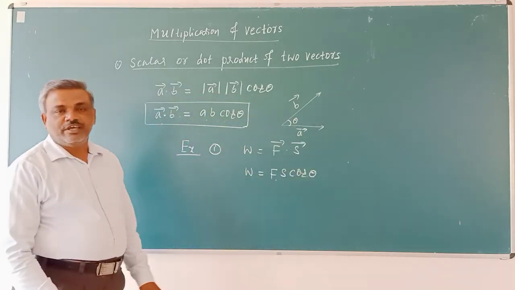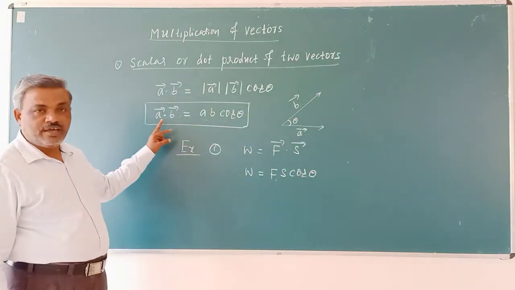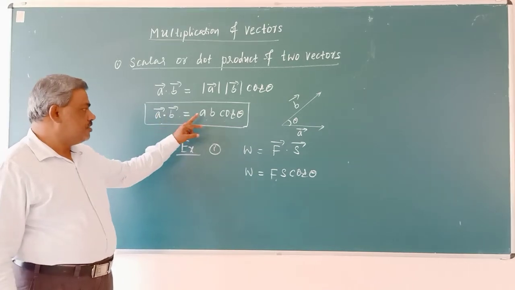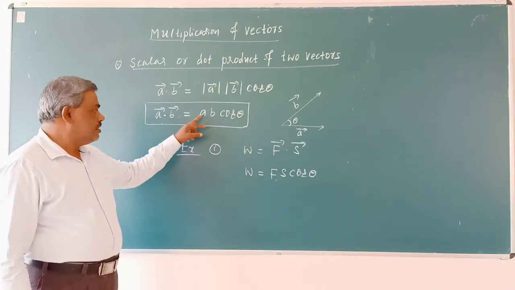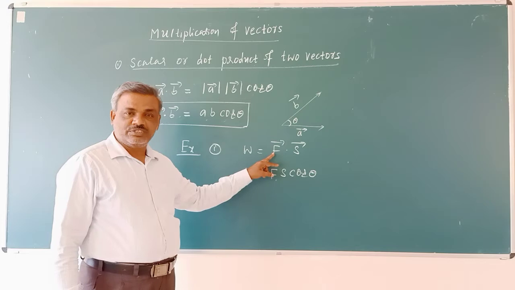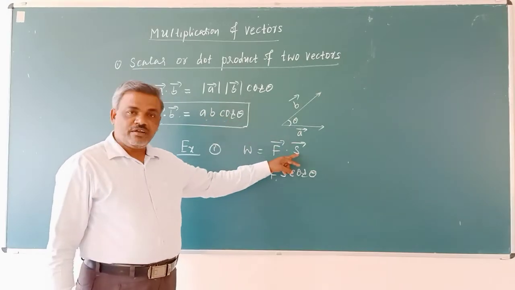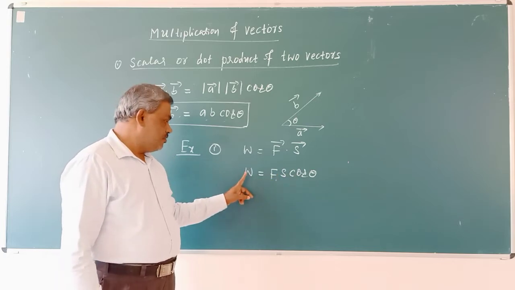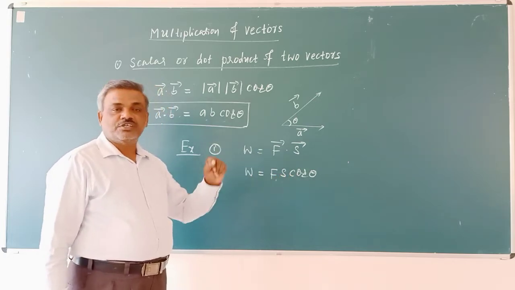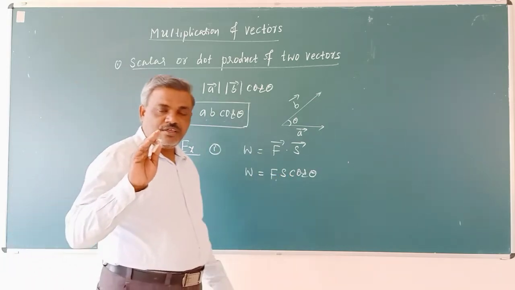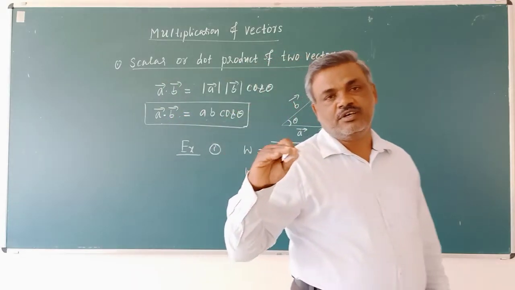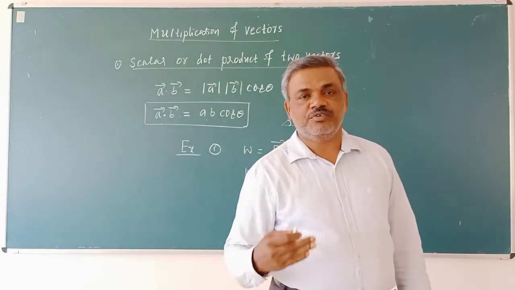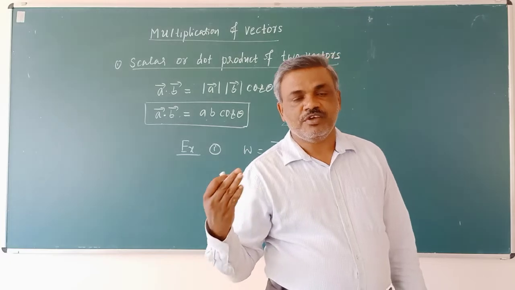Now, from the formula A dot B equals AB cos theta, in place of A take force and in place of B take displacement. So work done equals Fs cos theta. There are three important cases: when work done is positive, negative and zero.